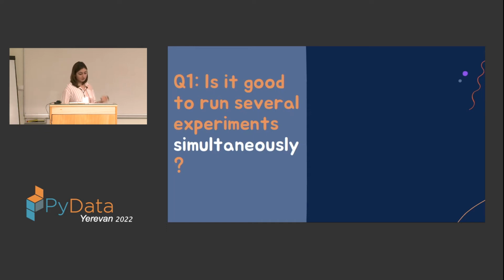So is it good to run several experiments simultaneously? Sometimes yes, sometimes no. For example, let's take a product that everybody knows, Facebook. You're changing the icon for the profile on the landing page that the user should target, and then you are changing something on the profile page to test the experiment.